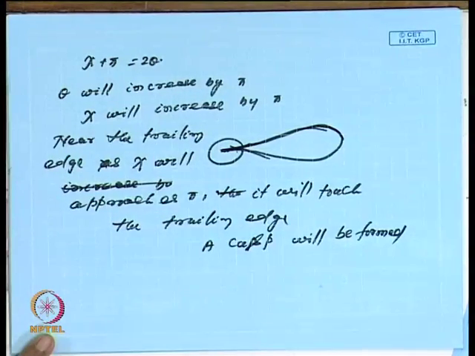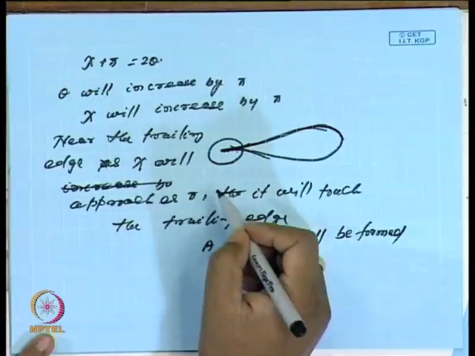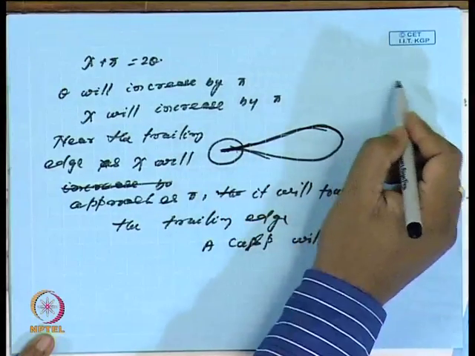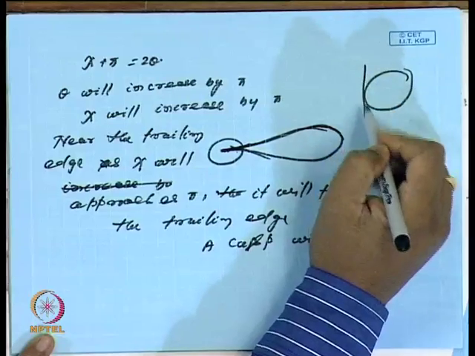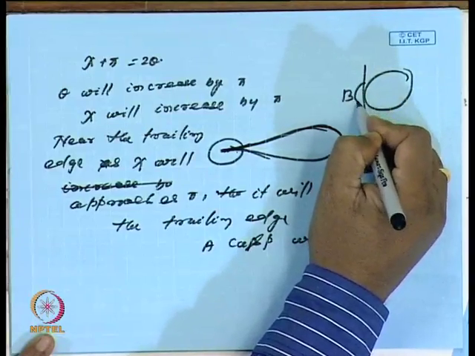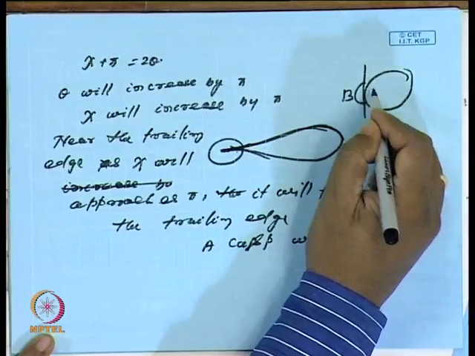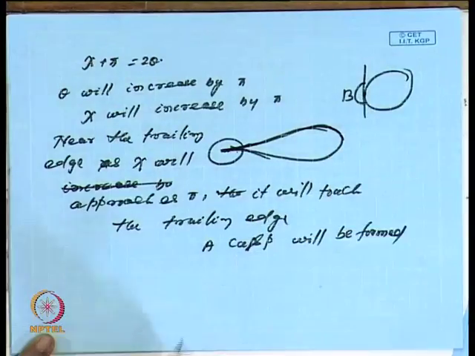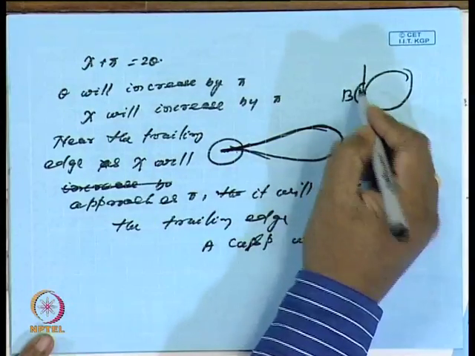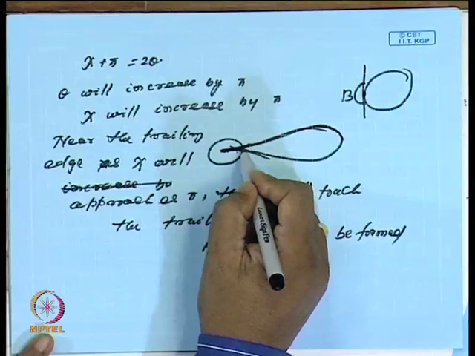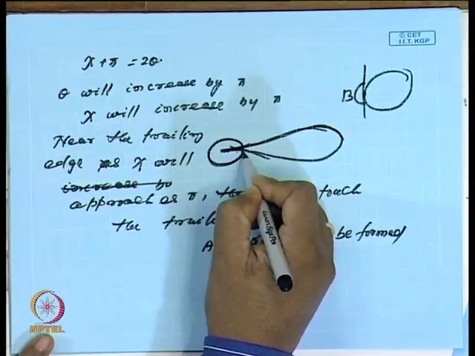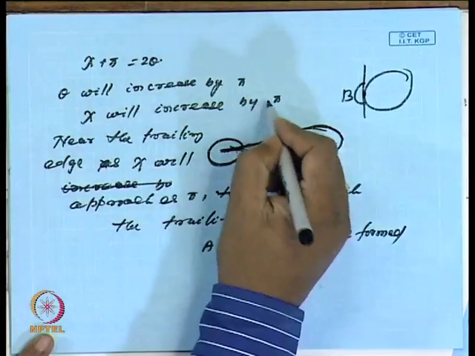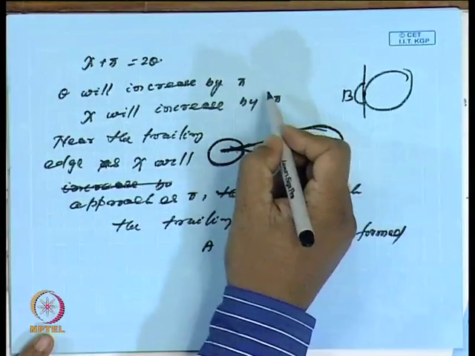Now, with this understanding, I will go to another aspect. We have understood that in a circle at the point B, when theta is increasing by pi, the same angle chi will increase by 2 pi.